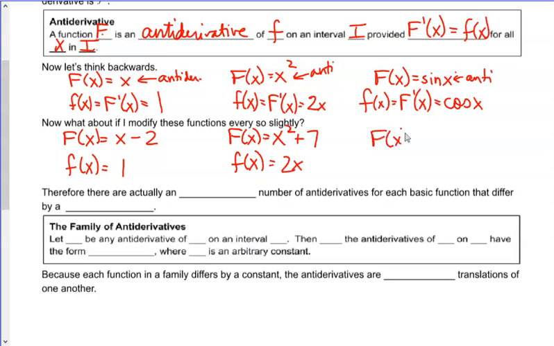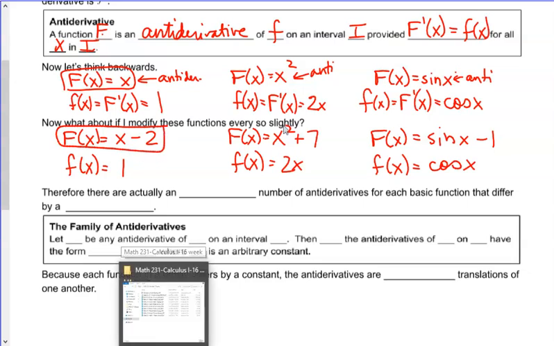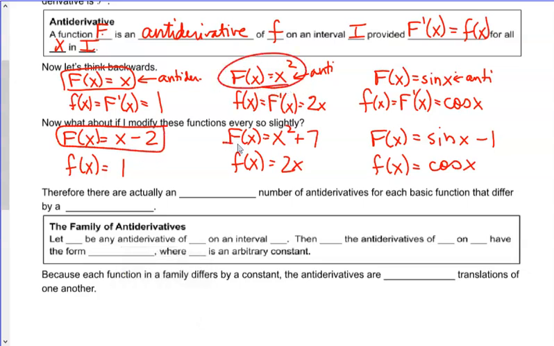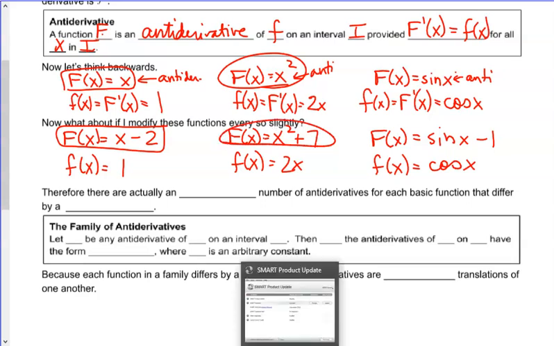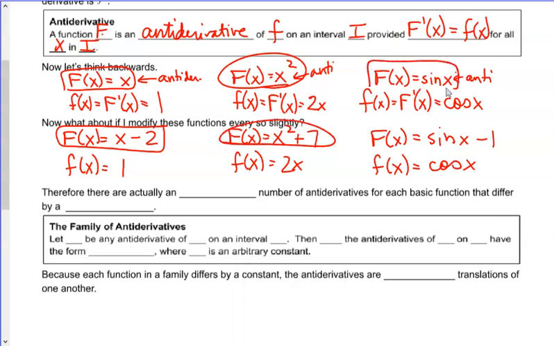And if I give you this function, sine of x minus 1, and I ask you for the derivative, well, it would be cosine, as I just take the derivative of sine because the derivative of the constant is 0. So now what I've just found is not only is this an antiderivative of 1, this is also an antiderivative of 1. This is an antiderivative of 2x, and that's an antiderivative of 2x, and the antiderivative of cosine has two different functions here as well.